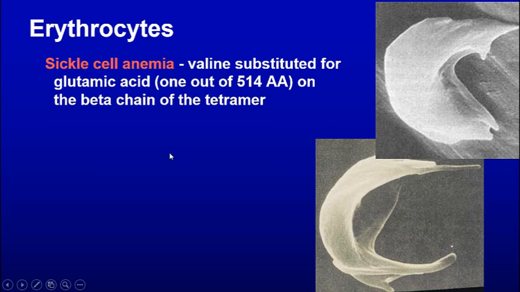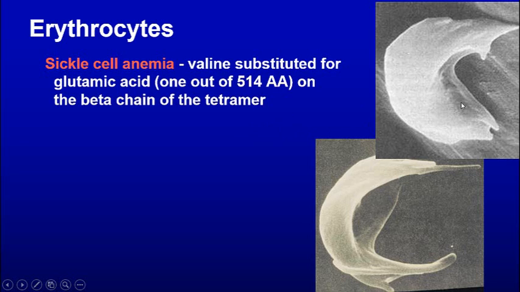Erythrocytes can undergo sickle cell anemia. That's a condition for the person. In that, you get a valine substitute for glutamic acid in 1 out of 114 amino acids on a beta chain, and that causes a tetramer to be formed.